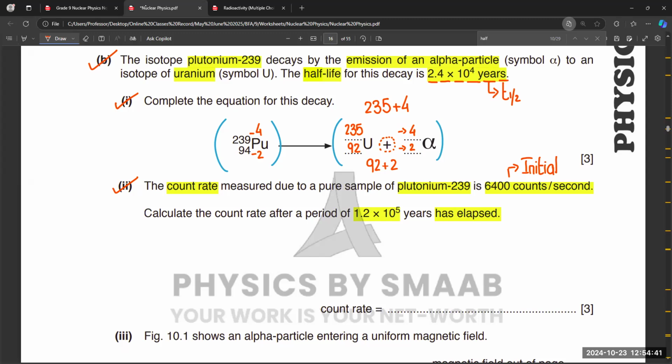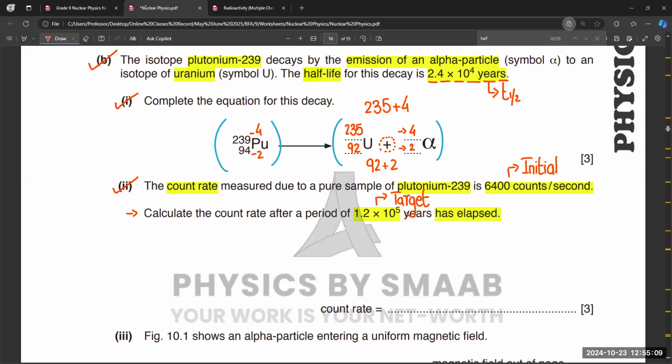Now this time we got targeted time, not targeted mass number. We got targeted time in this question. So this is our main target to consider. The question is, calculate the count rate after this much years, what will be the count rate?